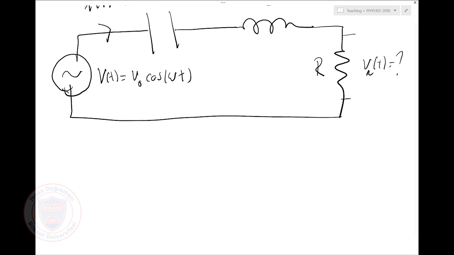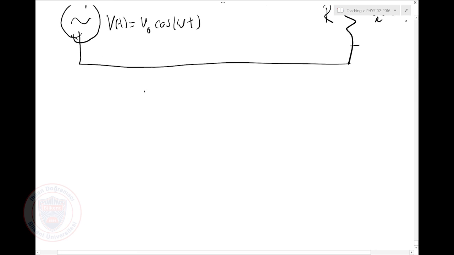And just as I did previously, I'm going to solve this using these phasor diagrams. All three elements in this circuit share the same current, right?